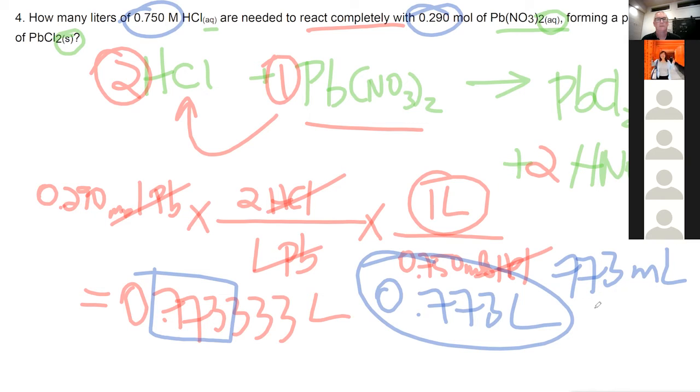If it just asked for volume, we could give it in liters or milliliters. Generally, in our gas questions, since the value of R is in liters, we get the answer in liters. But if it's a really small number, you could give it in milliliters, or convert it to gallons. Generally we use liters as the standard for gas.